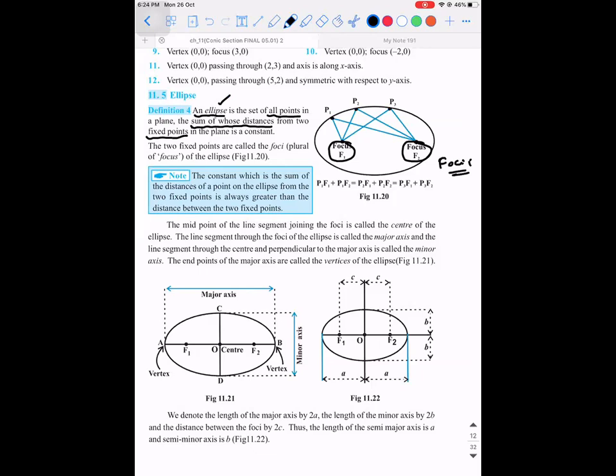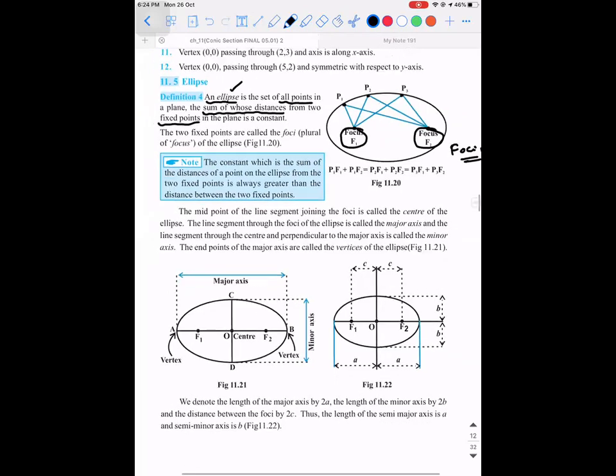You can pronounce it either way. Generally, whichever term ends with US, for example, focus is singular. If you want to say it in plural, you replace that US with I. So foci. Is that clear? I hope it is clear till this point, right?